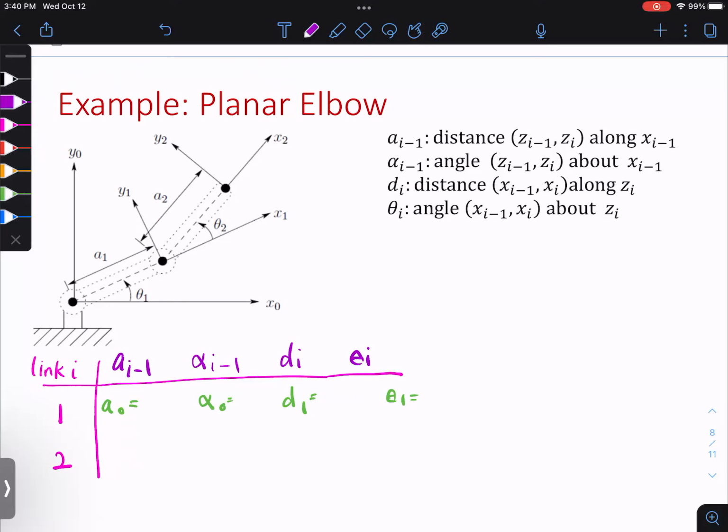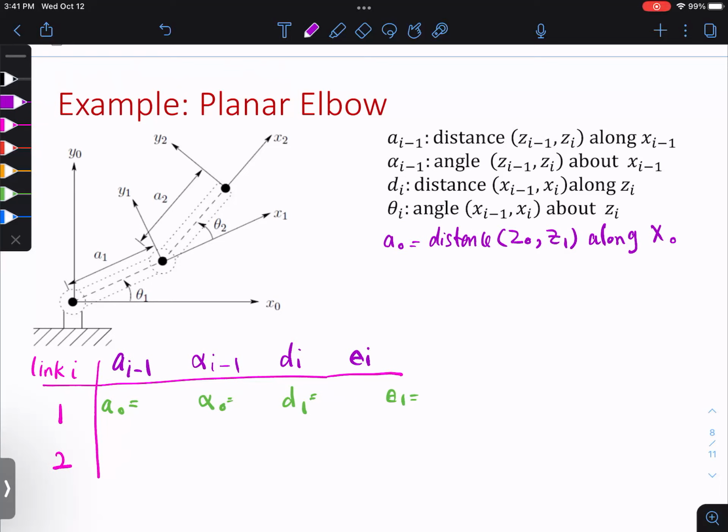All right, now, from these 4 statements, a_0 is the distance from Z0 to Z1 along X0. Now we're going to see what that means. So you have to follow this process every time you do it.